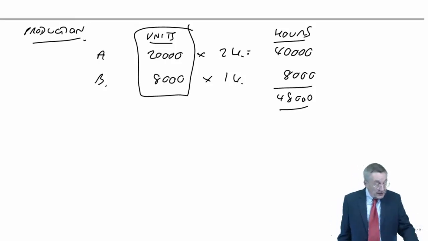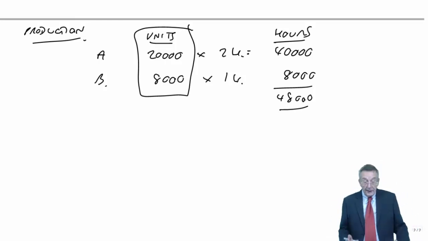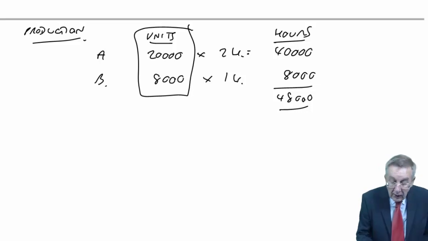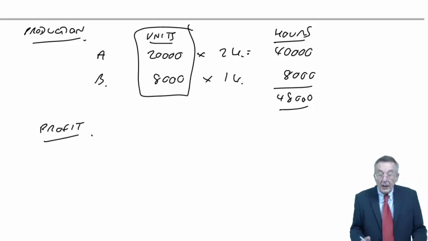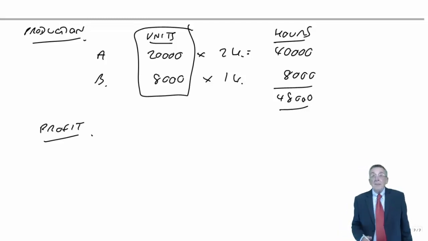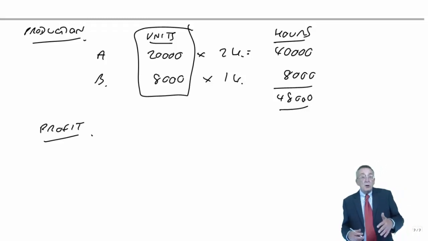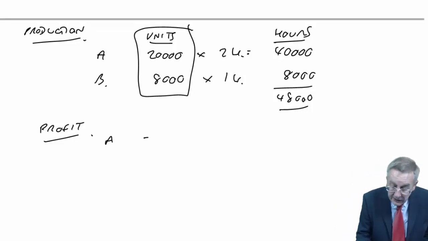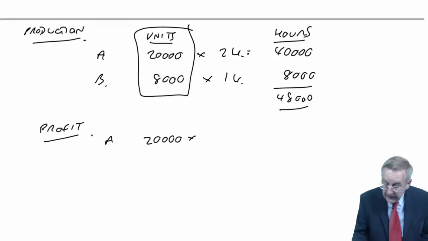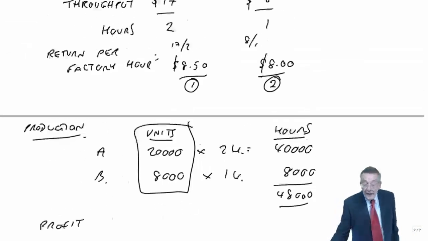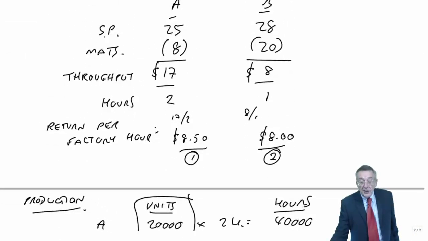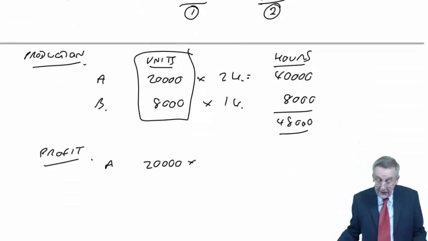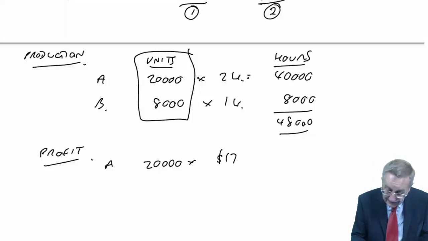This one carries on and says, what is the maximum profit? Well, first of all, on that production plan, how much profit will we make? First of all, what will the total throughput be? A, 20,000 units. And ignoring the fixed costs, every unit generates $17. Total of 340,000.